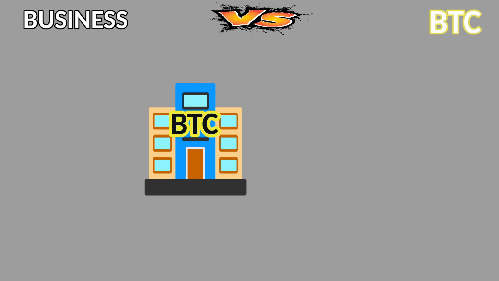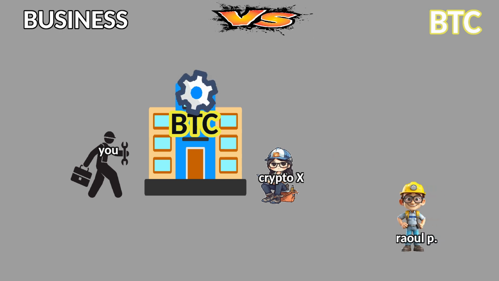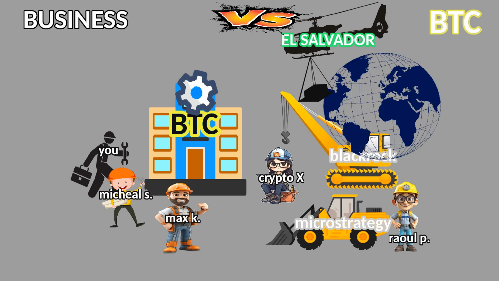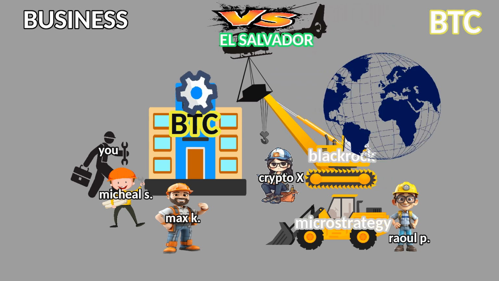BTC is kind of similar, but with BTC, it's not only you, but you have all the people, business, even countries that believe in Bitcoin, each helping to improve and increase the value and security of Bitcoin.